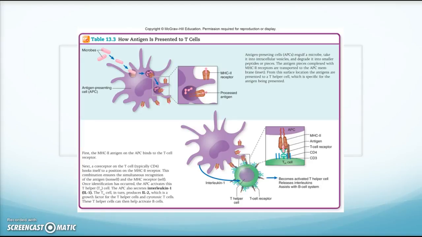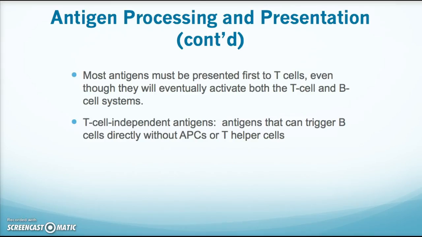Most antigens are going to be presented first to T cells, even though they will eventually activate both the T and B cell systems, because remember that antigen is still what's going to bind to the immunoglobulin on the B cells.